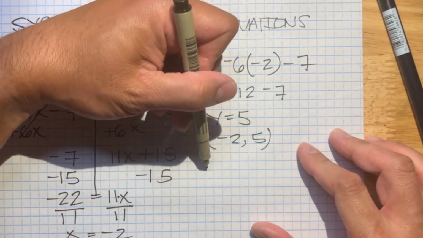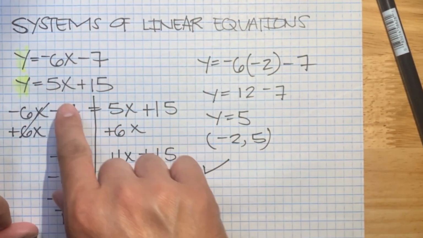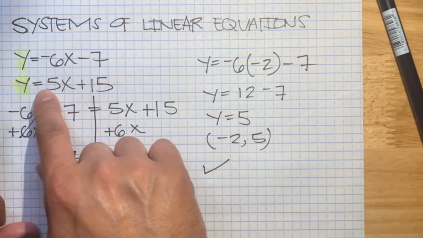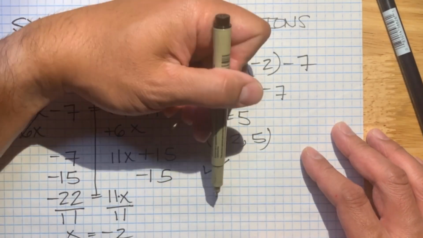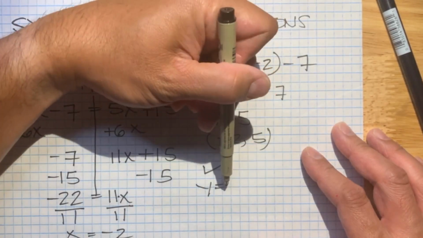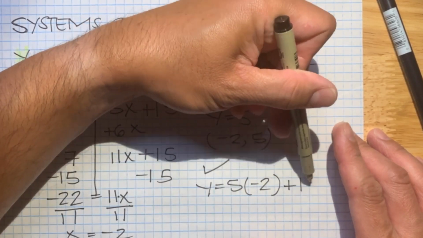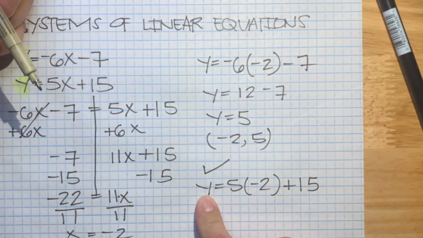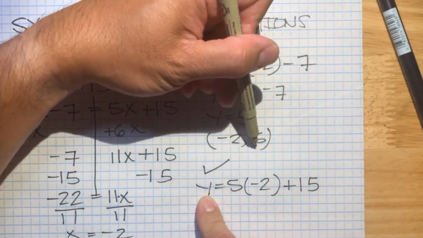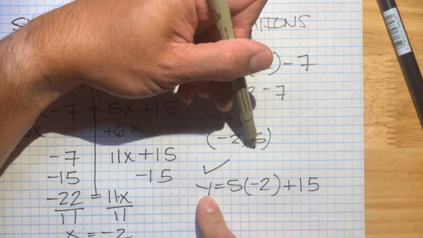So let's check this answer. Negative 2, 5. I'm going to plug it into the second equation, the one that we didn't use. And I'm going to write y equals 5 times negative 2 plus 15. Our y is 5.